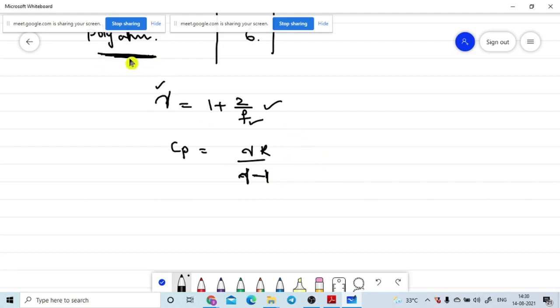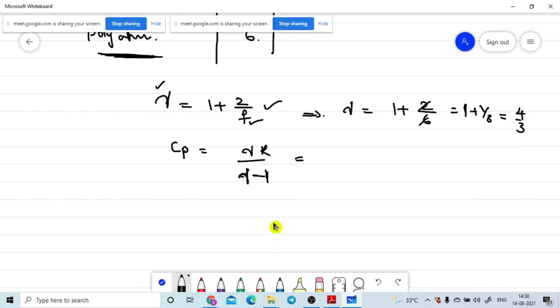Let me go to the polyatomic system. First of all, I need to find the gamma value for the polyatomic system. That is equal to 1 plus 2 divided by 6, which is 1 plus 1 by 3, that is equal to 4 by 3. Gamma value is 4 by 3.